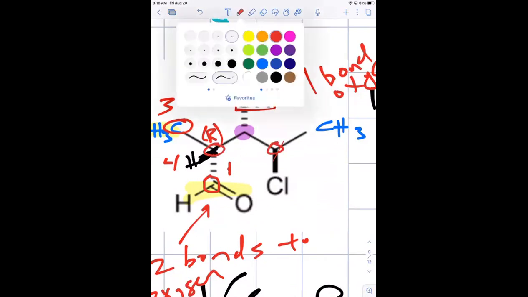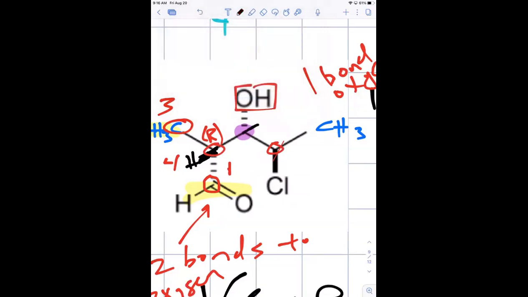And then it's understood that there is a hydrogen here on a wedge, right? So if I were prioritizing that, which atom is going to be 1, oxygen or one of the 2 carbons?